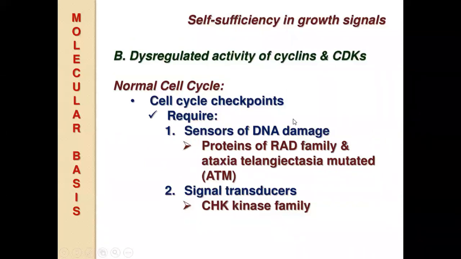Cell cycle checkpoints require sensors of DNA damage, the proteins of the RAD family and ataxia telangiectasia mutated, and the signal transducer CHK kinase family.